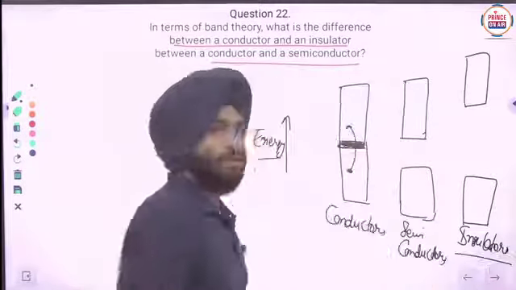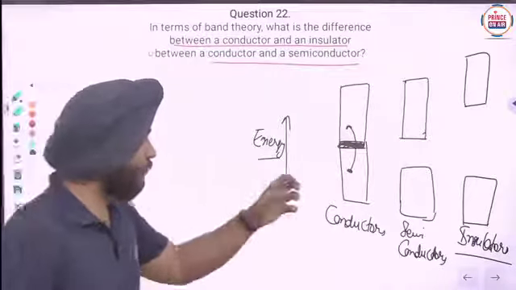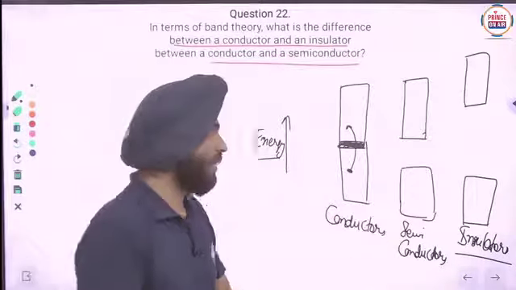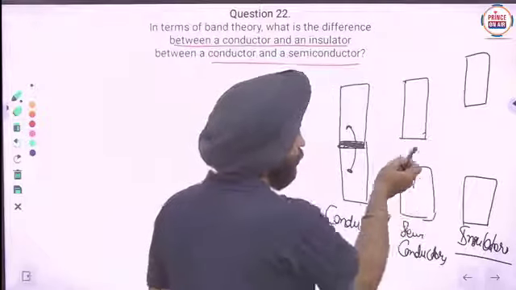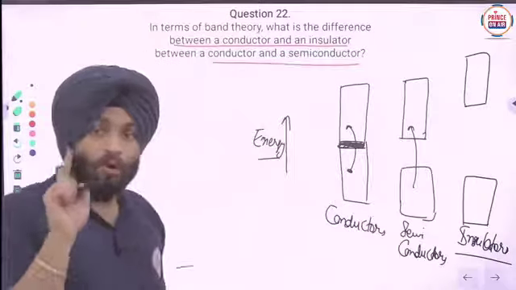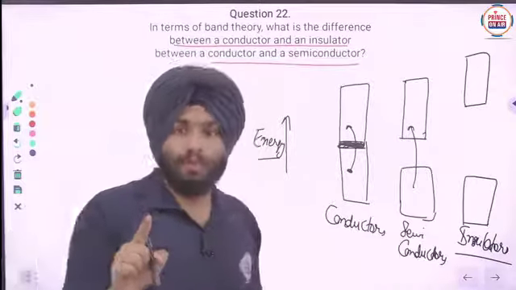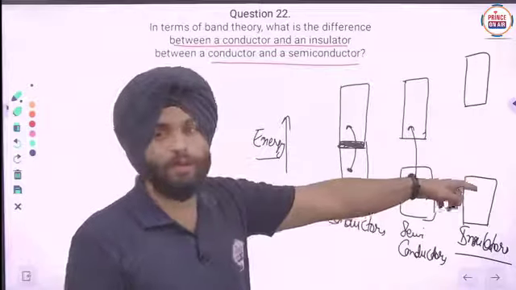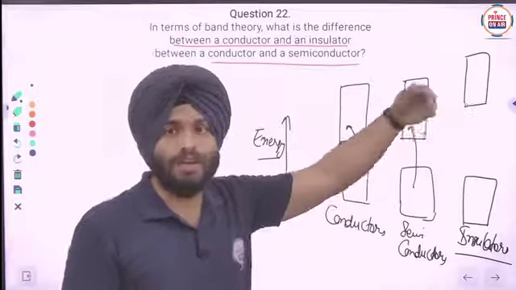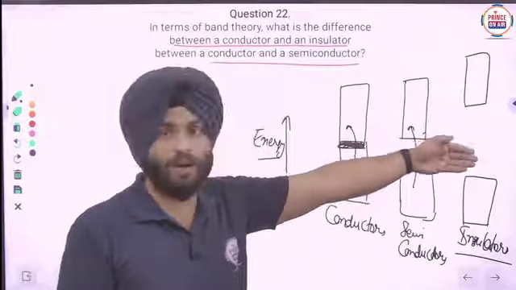Whenever we apply some energy, the electron will jump from here to here, only on applying some extra energy, but here the energy required is very high.